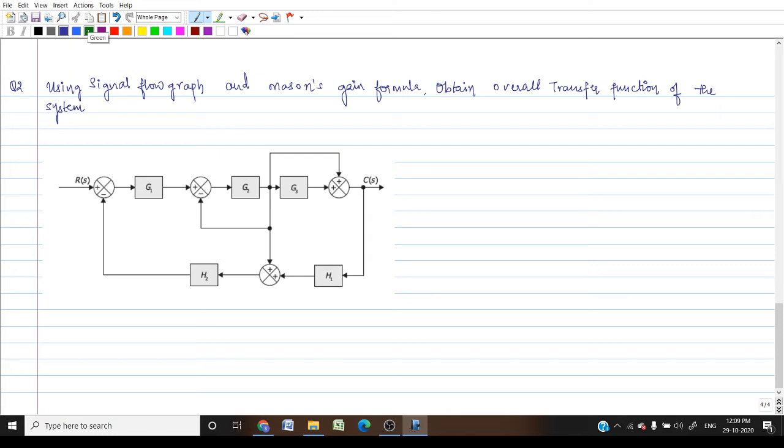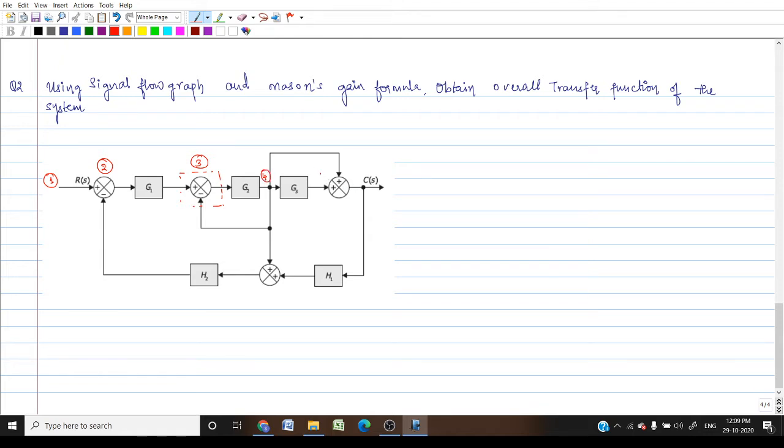So I'll just first name all the necessary nodes. This one I'll take as node 1, node 2, the summing point, then this summing point I'll take as node 3, this point as node 4.